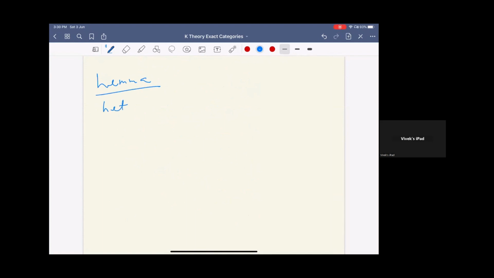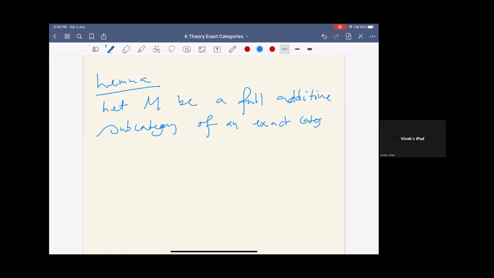Let M be a full additive subcategory of an exact category N. Assume that M is closed under extension.